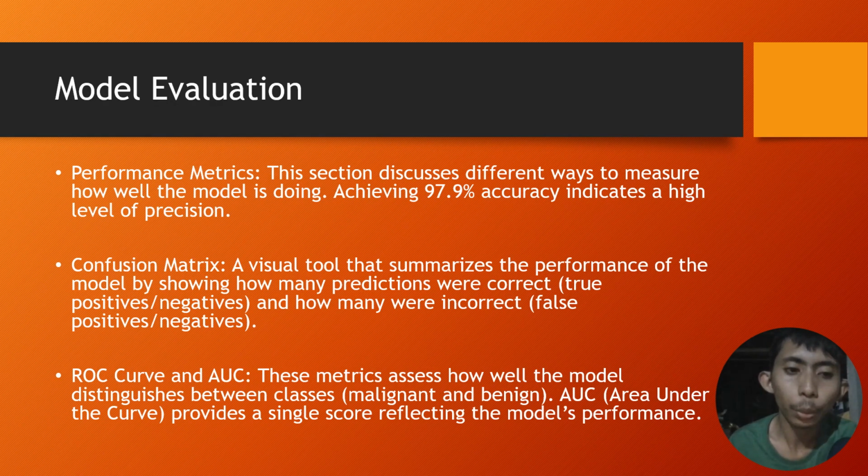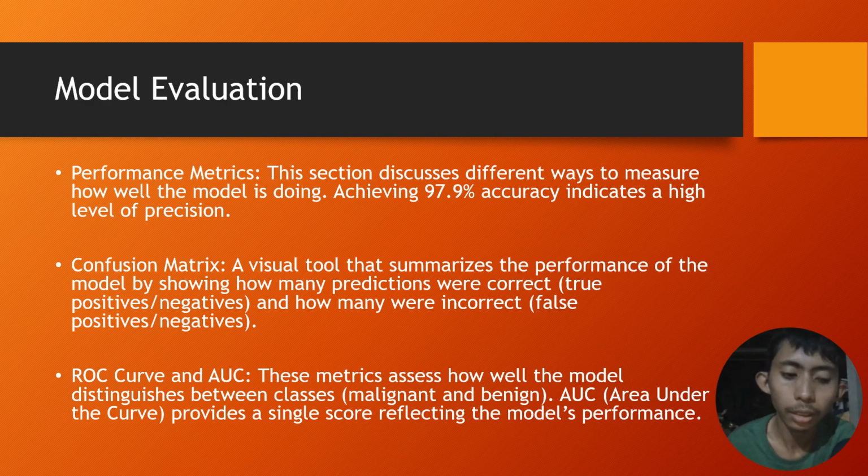For the model evaluation, this evaluation for this breast cancer classification dataset involves assessing the performance of the trained logistic regression model to ensure its reliability and accuracy in predicting malignant and benign tumors. Common metrics for evaluating classification models include accuracy, precision, recall, and F1 score.